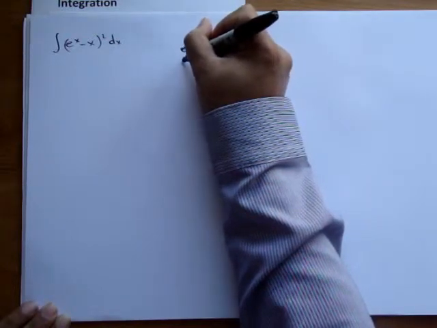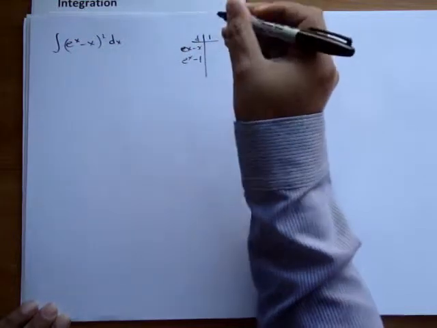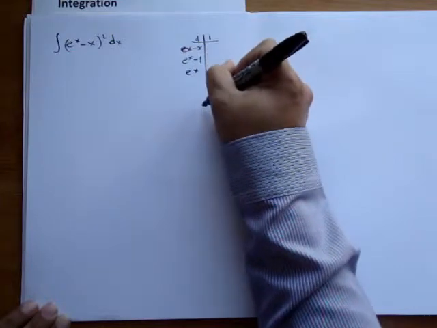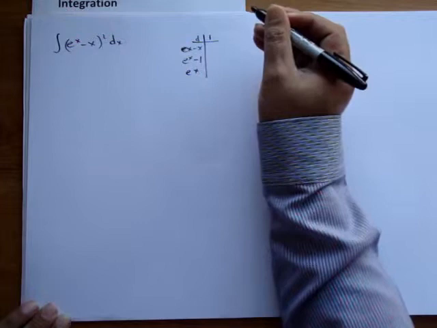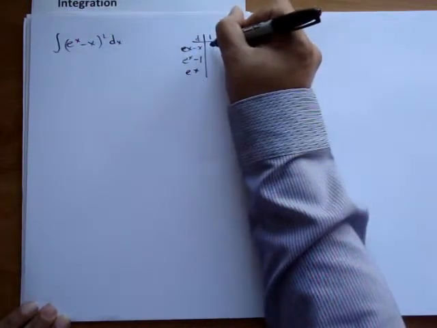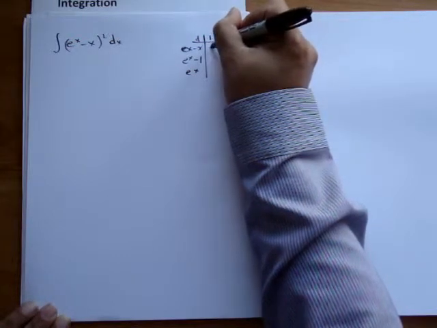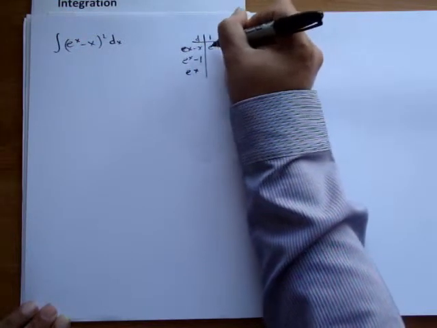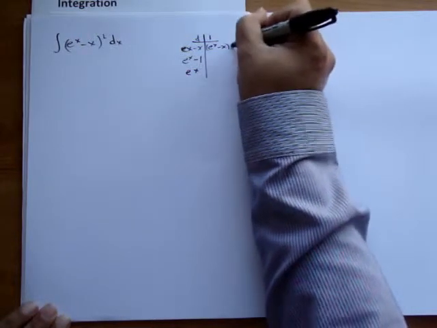This, when we differentiate, becomes e to the x minus 1, and here it becomes e to the x, and if we differentiate it carries on as e to the x. Here we're going to differentiate, integrate our dv, which is e to the x minus x dx.